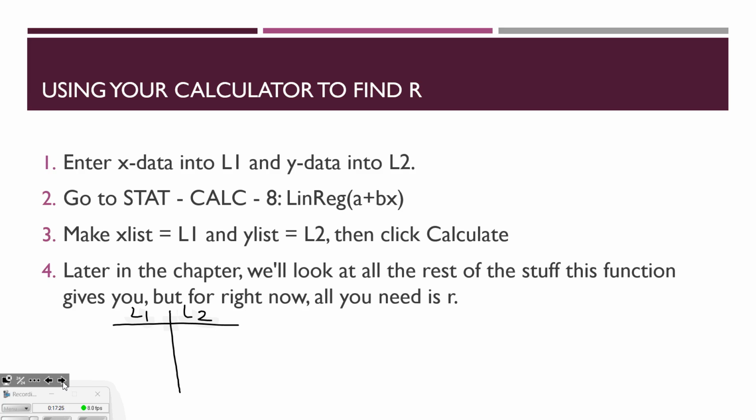Just a caution: if you're making up numbers, make sure you have an even number of numbers in L1 versus L2. So if you don't have anything, you could do like 1, 2, 4, -5, I don't know, 2, 0, okay? You're just going to put that data in if you didn't have anything else in your calculator already.